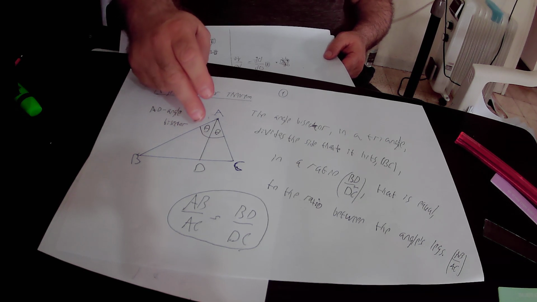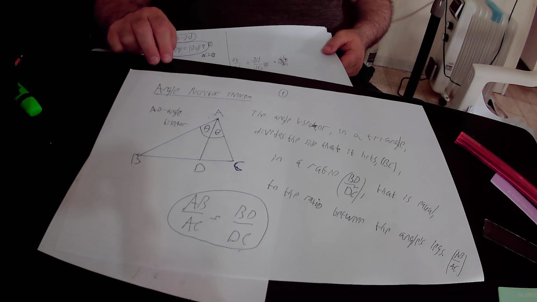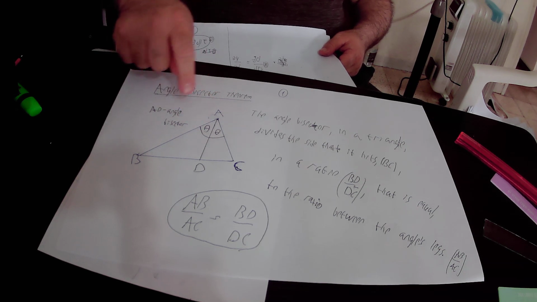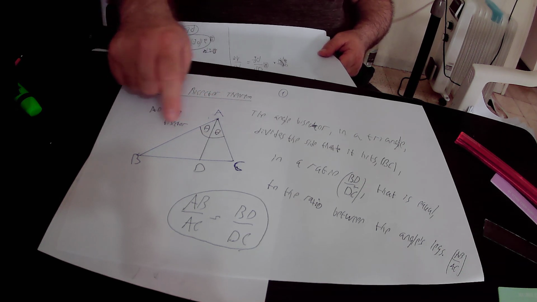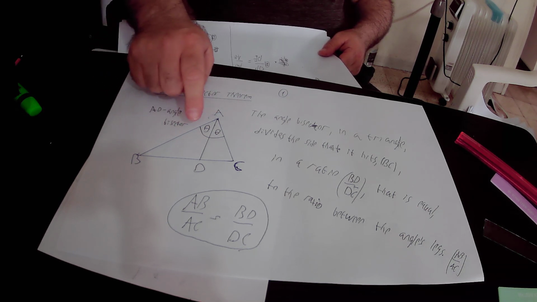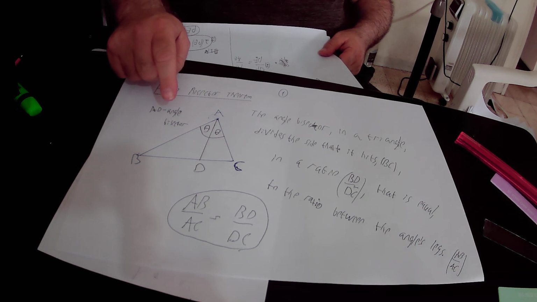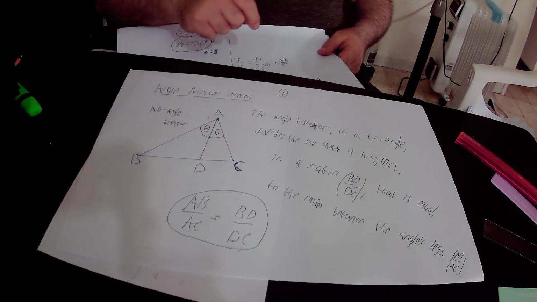And according to the angle bisector theorem, the angle bisector in a triangle divides the side that it meets. So the angle bisector AD in triangle ABC meets side BC and divides it into two parts. The first part is BD, the second part is DC, and the ratio between those two parts is BD over DC.